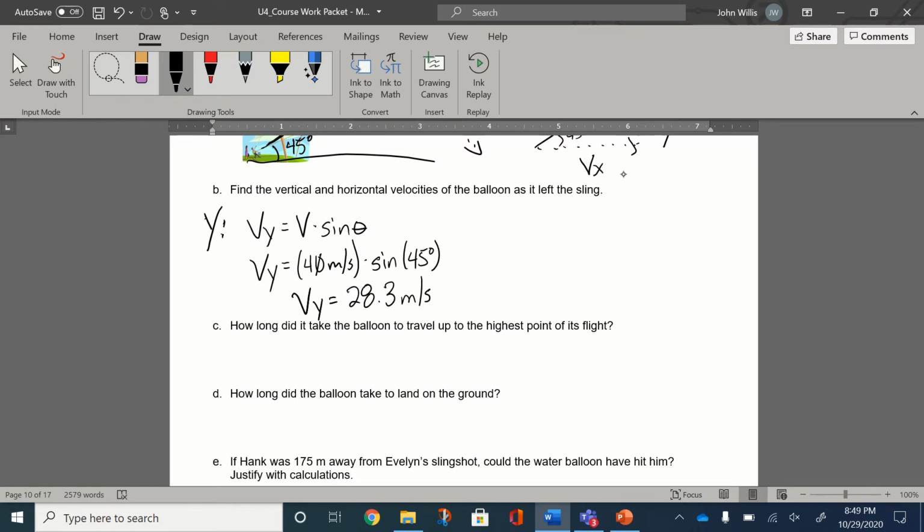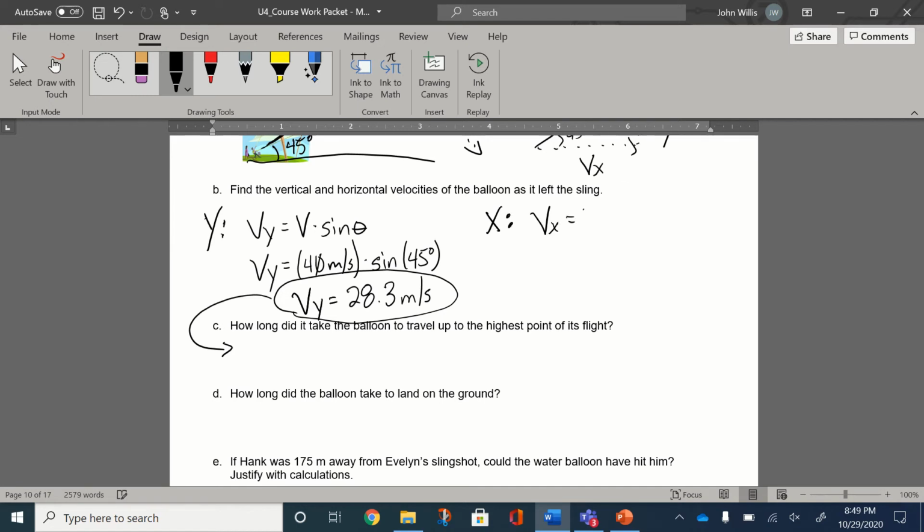That is your vertical speed. And that is the speed you're going to use down here in letter C, because the vertical speed is what gravity works against, and that is what will determine how long this water balloon can stay in the air.